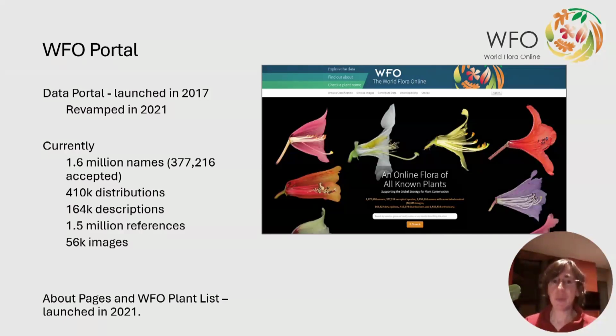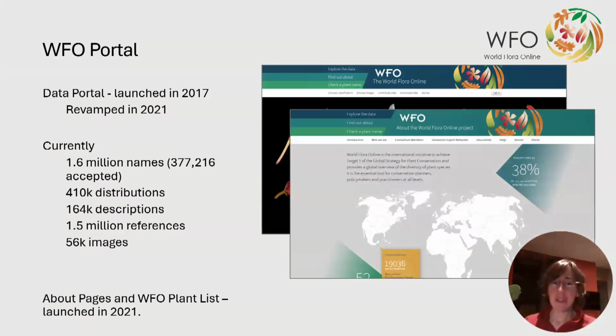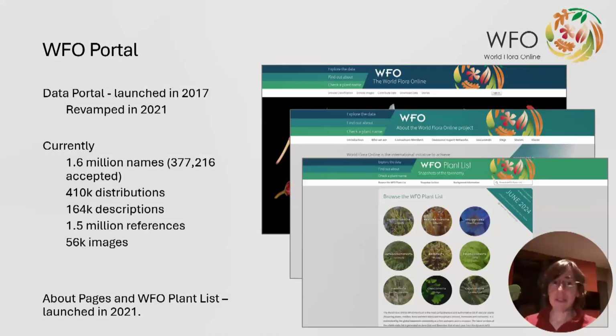It currently has 1.6 million names, including over 377,000 accepted names, over 400,000 distributions, 164,000 descriptions, 1.5 million references, and over 56,000 images. The About pages and WFO Plant List components were launched in 2021.